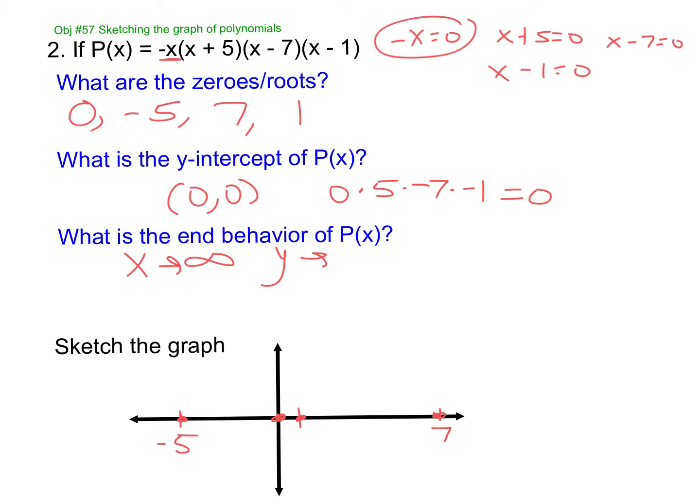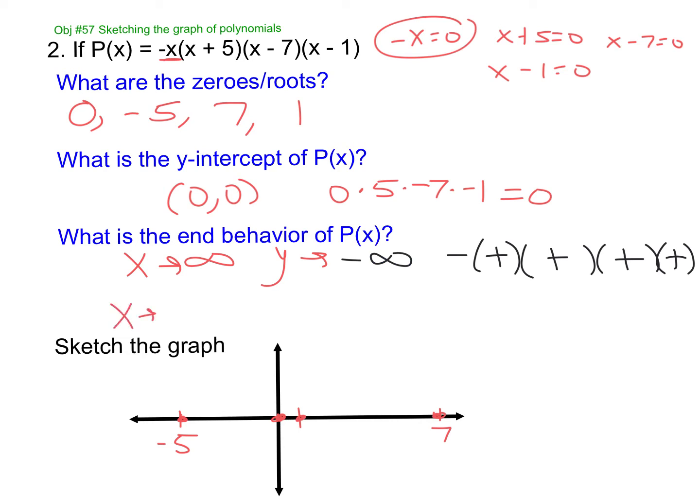I have a negative x, x plus 5, x minus 7, and x minus 1. When I'm going to the right of 7, we're plugging in positives. So I have a positive, a positive, a positive, a positive. Those are my 4 terms, but then I have that negative out front. So what does that give me? That gives me negative infinity.